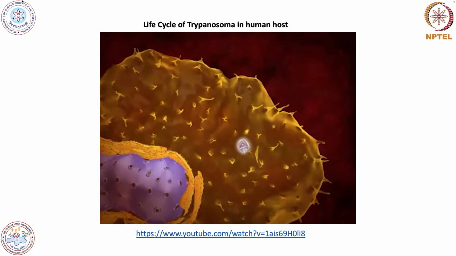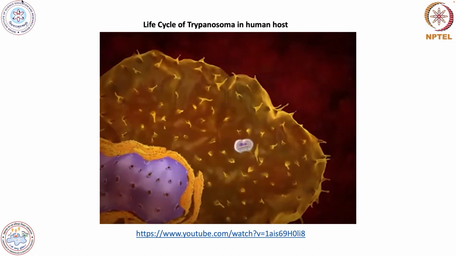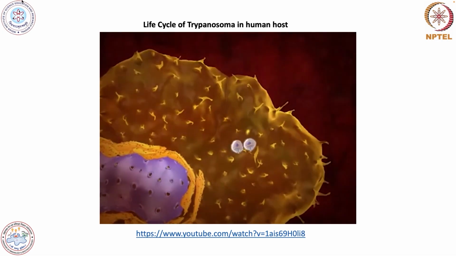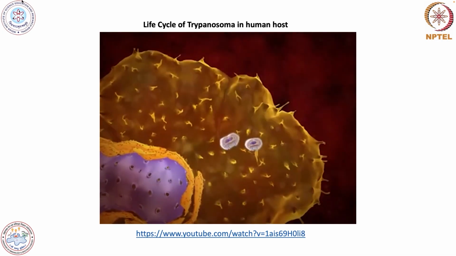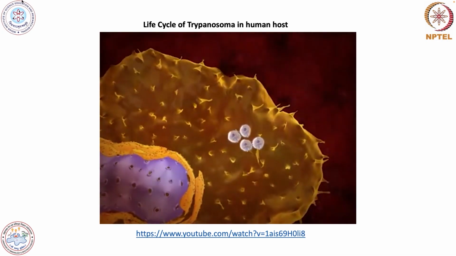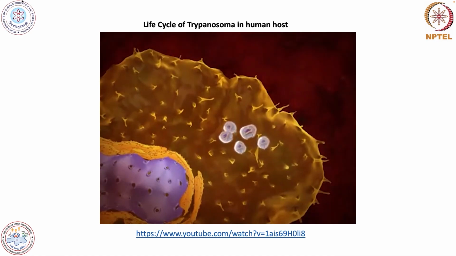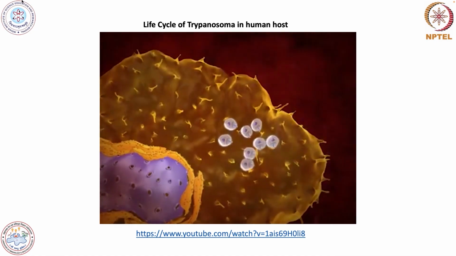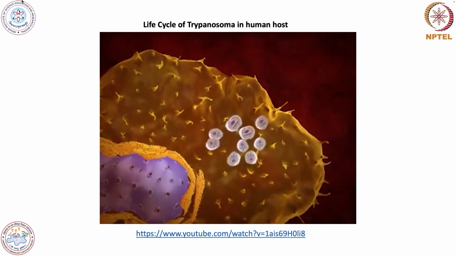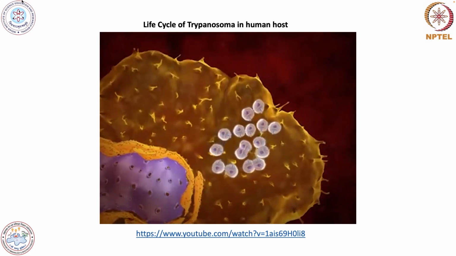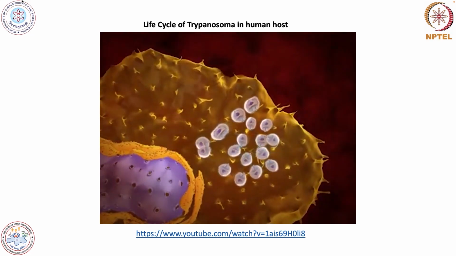The amastigotes are released into the cytoplasm of the host cell and divide multiple times. Observe how many amastigotes are accumulating through the division process. They can occupy the entire cytoplasm of the host cell.